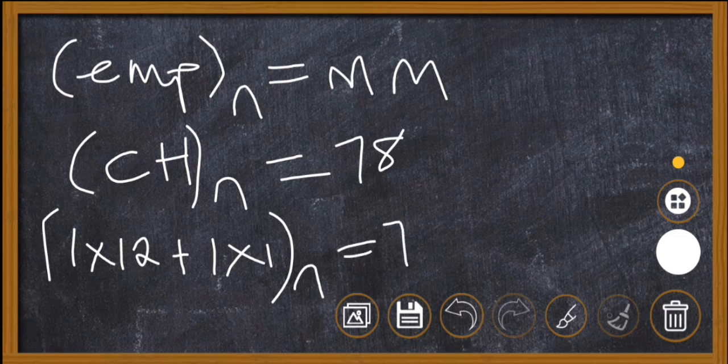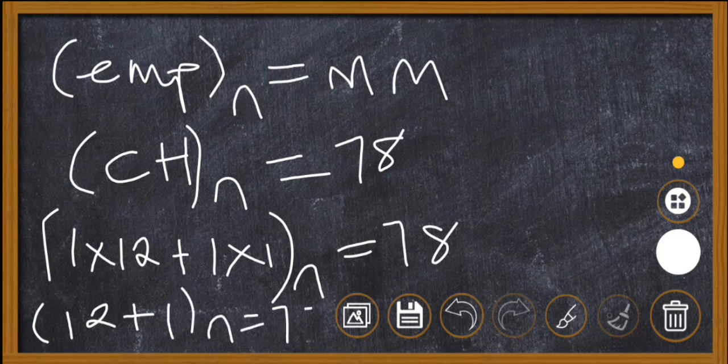So let's look for the value of n. If we multiply 1 by 12, we have 12, plus 1 by 1, it's simply 1, and then n equals 78. Okay.